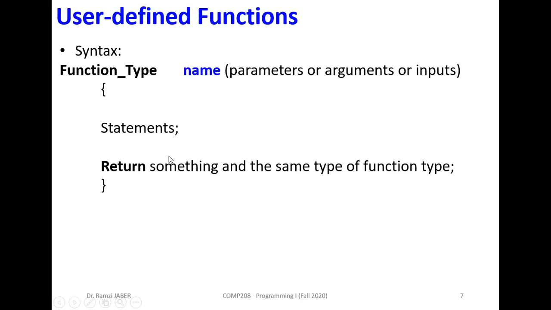So the function has a type. So first, function type, space, name of the function, then between parentheses, no semicolon, inputs or arguments or parameters. We'll see how. Okay, open braces, close braces.